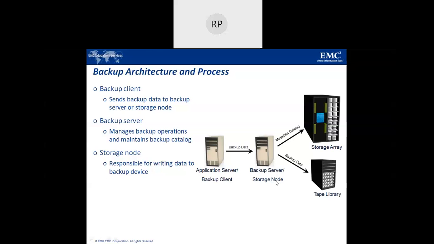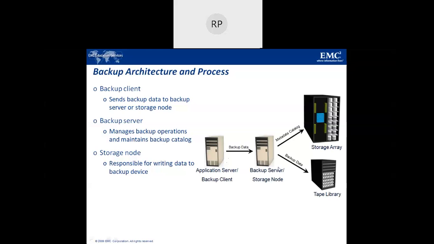Then we have the backup client. The task of this backup client is to gather the data that is to be backed up. Means it has to collect the data that is to be backed up and send it to the storage node. Okay, this is the task of your backup client.